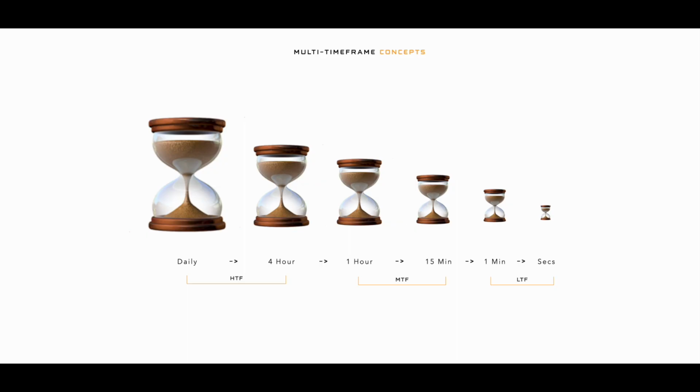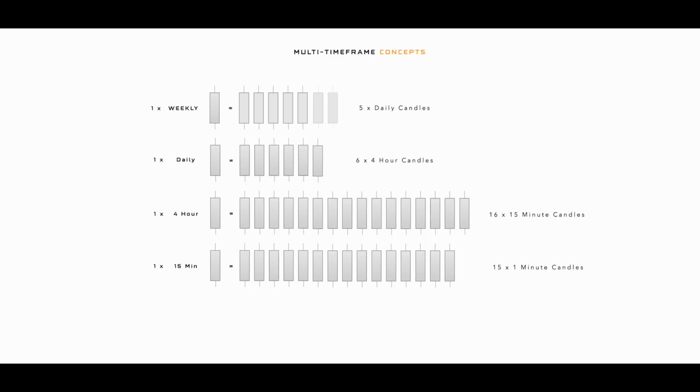Okay. So if we were to look at one whole weekly candlestick, for example, you can imagine there is a ton of information within that one candlestick, such as the daily and the 4-hour, all the way down to the minutes and the seconds, right? Creating all of that order flow within that one weekly candle. So as you can see, one single weekly candle is made up of 5 daily candles.